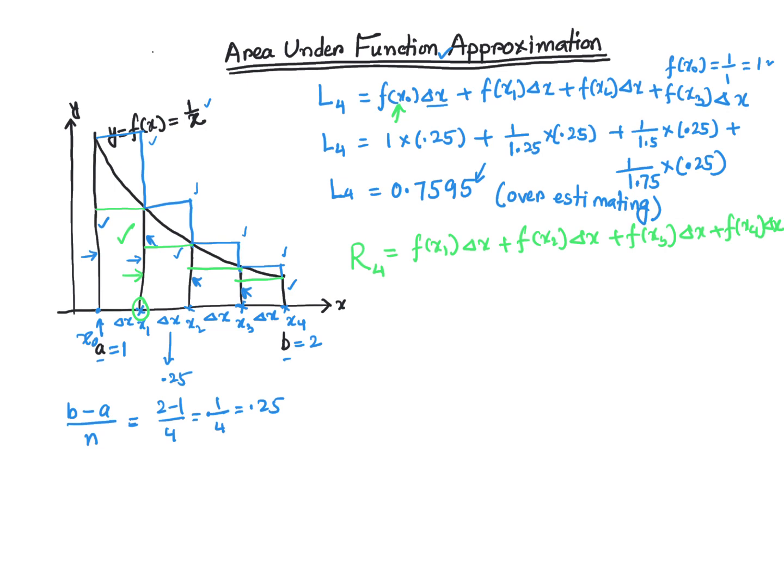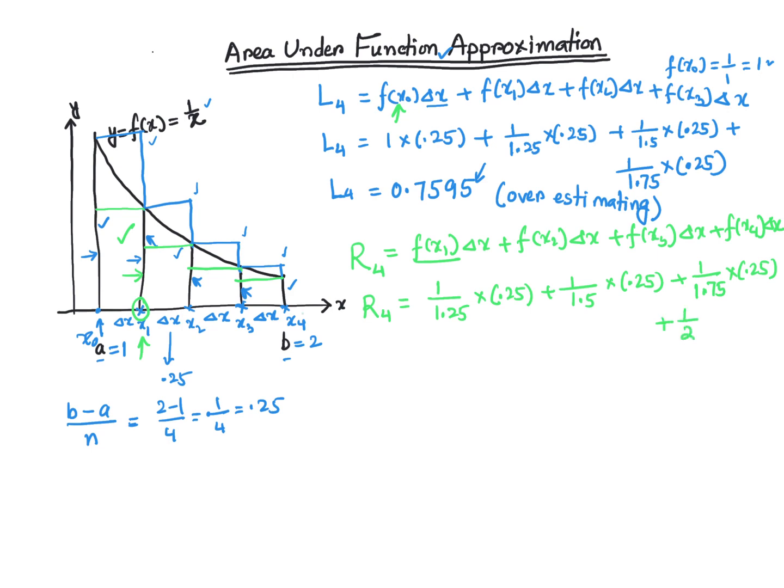Now we are going to just plug in these numbers. R4 is equal to f of x1. So now at x1, the x coordinate is 1 plus 0.25, which is 1.25. It's going to be 1 over 1.25 times 0.25 plus 1 over 1.5 times 0.25 plus 1 over 1.75 times 0.25 plus 1 over 2.